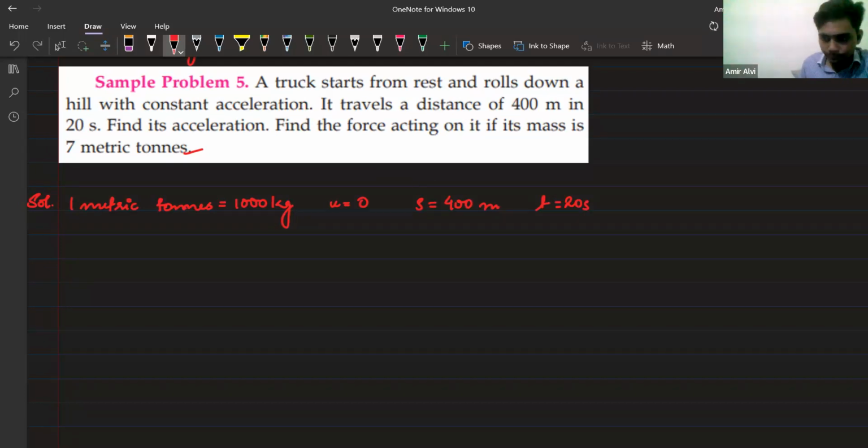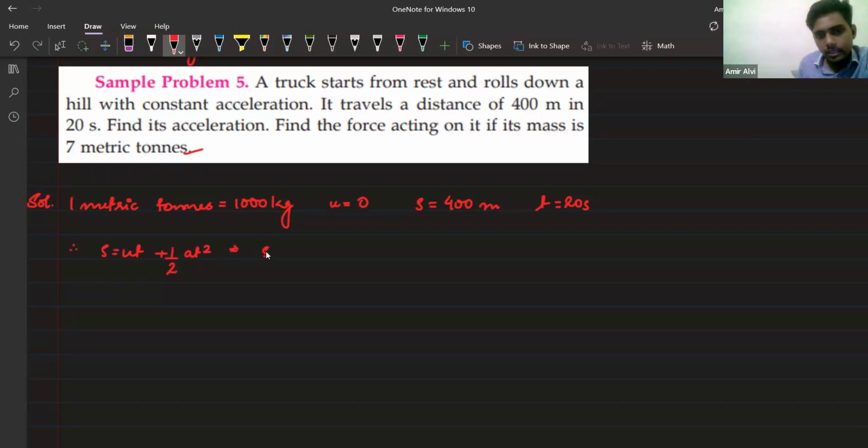Let's find the acceleration first to find the force. As you can see, initial velocity, distance and time are given. It's directly saying that you have to apply the second equation of motion: S equals ut plus half at squared.